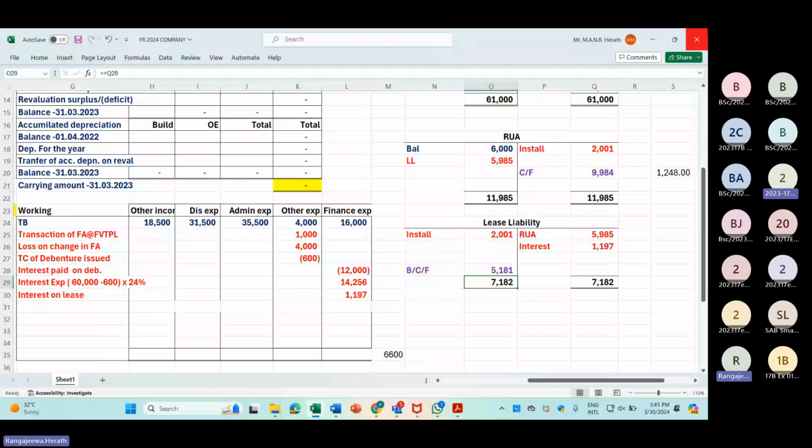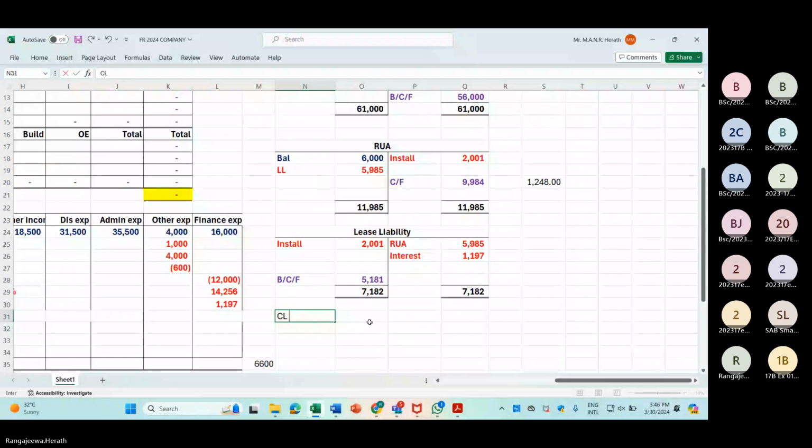Then you know that this lease liability you have to divide between current and non-current. So how much is the current portion of lease liability? You can take the lease installment next year. Lease liability current portion. Lease installment 2001.